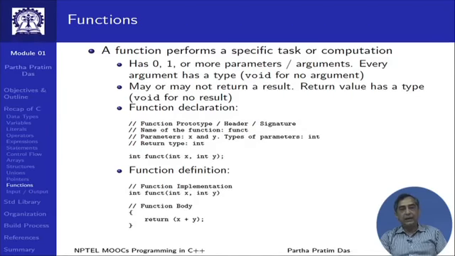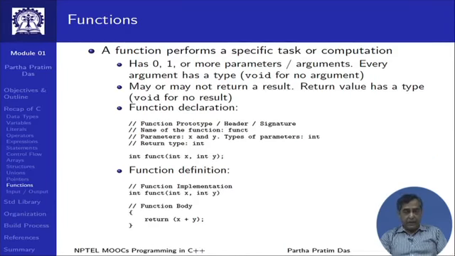Since in the case of a signature we are not actually specifying how x and y will be used to compute the result, it is optional whether you specify x or y or both of them. You could just write it as int funct, parenthesis open, int comma int, parenthesis close, semicolon. That will also be a valid header.